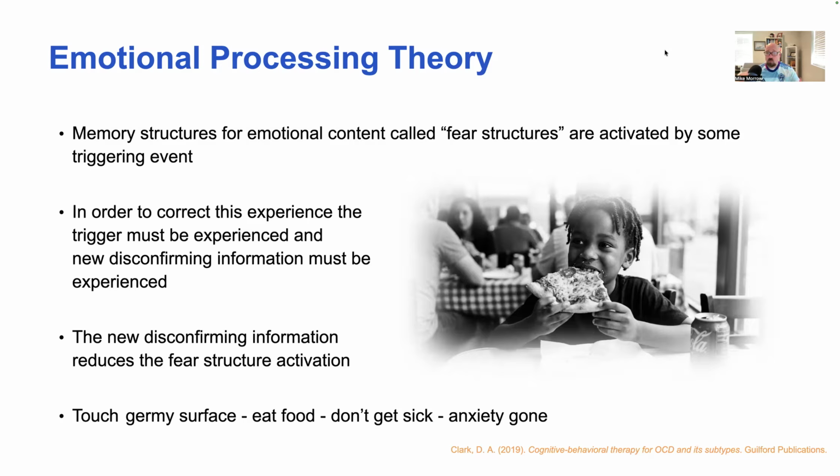The goal in that would be that I would then expose myself to the trigger of the possibility of the germs killing me, but then I would receive disconfirming information when I eventually, in the experiment, show that I did not have a mortal risk from eating a slice of pizza after touching a bathroom counter.